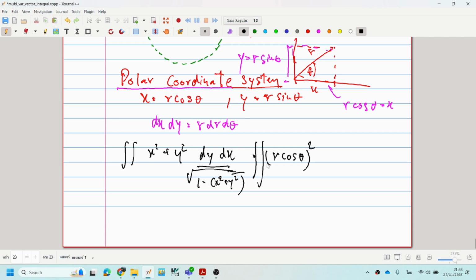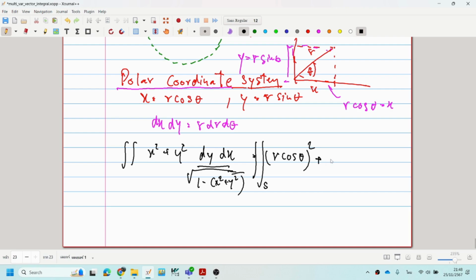Let me leave the limits first. I don't specify the upper limit and lower limit right now. I just show you how you interchange to the polar coordinate system first.